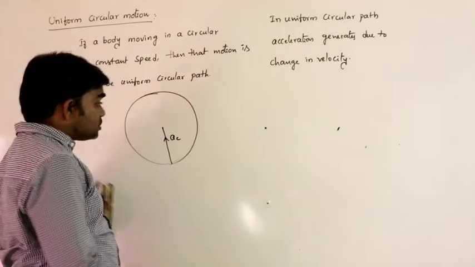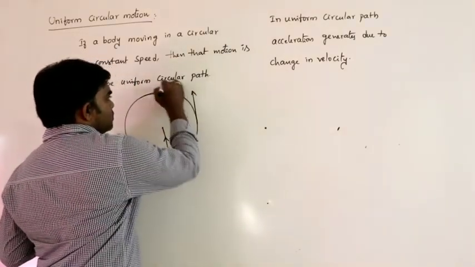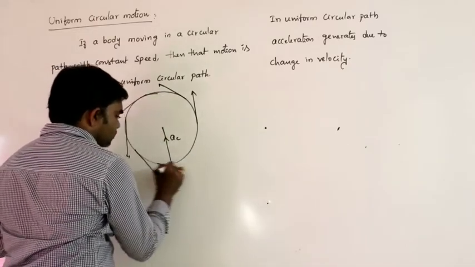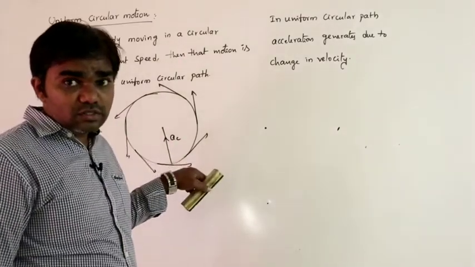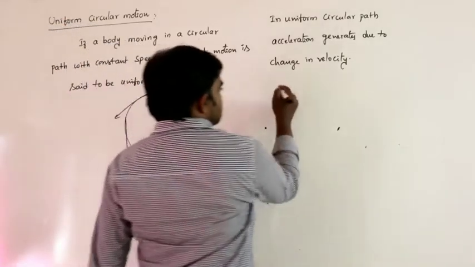So how does the velocity change? See here, at this position this is the direction, at this position this is the direction, like this. So the direction of motion of the body continuously changes. That's why velocity also changes.